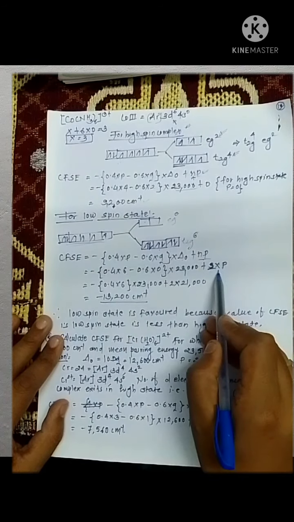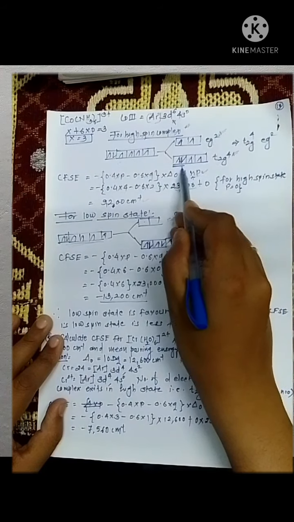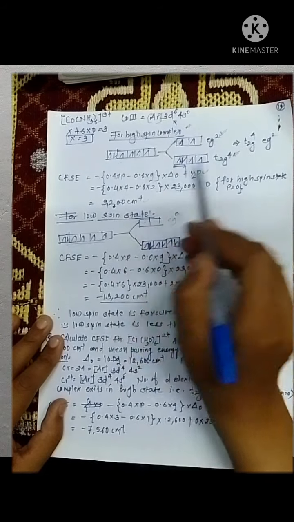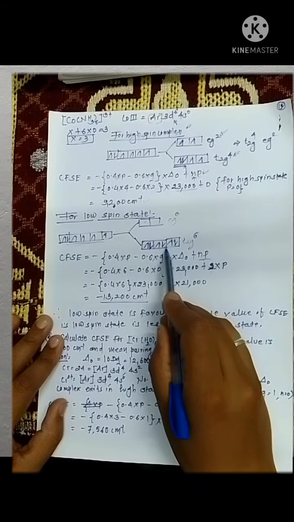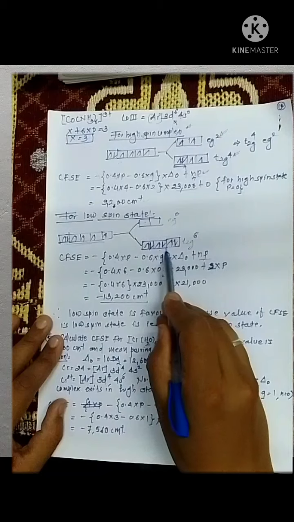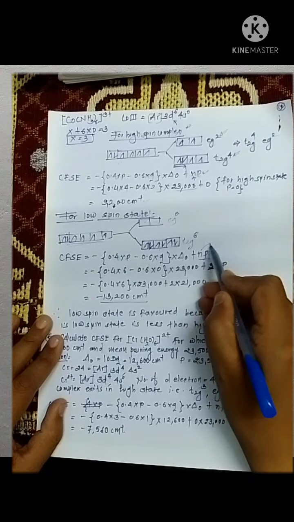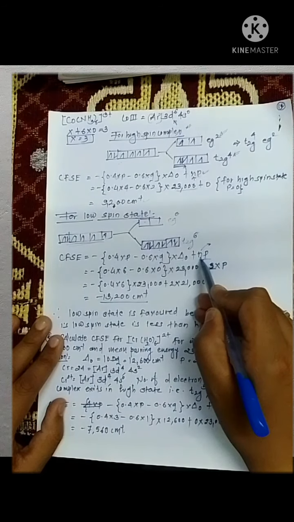Why? Because in the high spin state one pairing has already occurred. So due to the effect of the ligand, these are the additional pairings which are taking place. Always remember that this N stands for additional pairing due to the ligand effect.